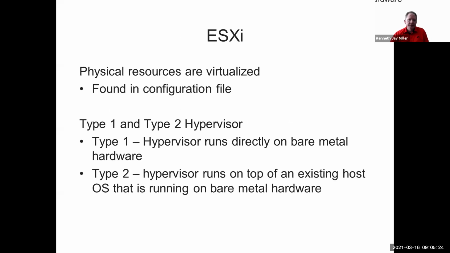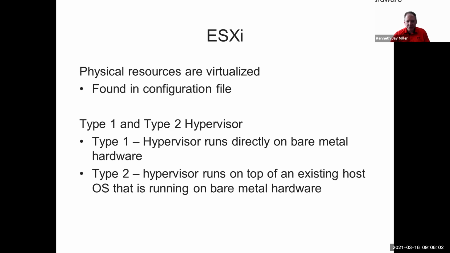All right. So with our ESXi server, the physical resources that we're using are really only found in two files. The information is found in the configuration file, which is the, hold on, I'll show you this in the lab, the VMX file.